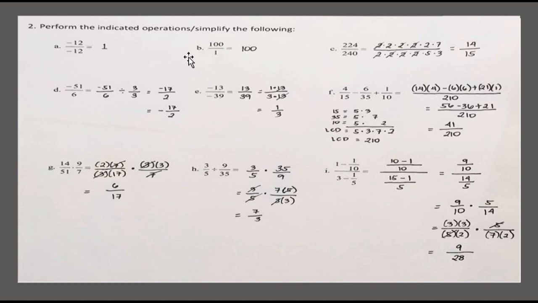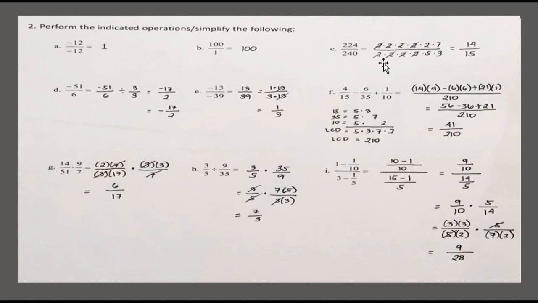Next, letter B, 100 over 1 is equal to 100. So, any number nga atong i-divide by 1, the answer is the given number. So, 100 over 1 is 100. Next, 224 divided by 240 or 224 over 240.